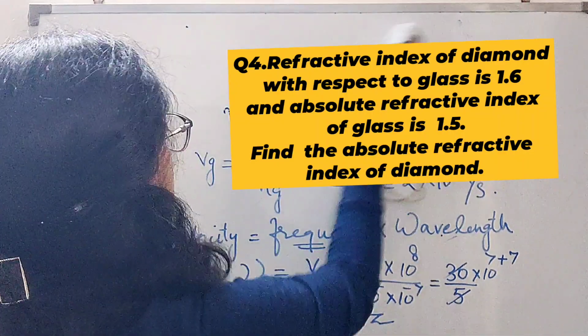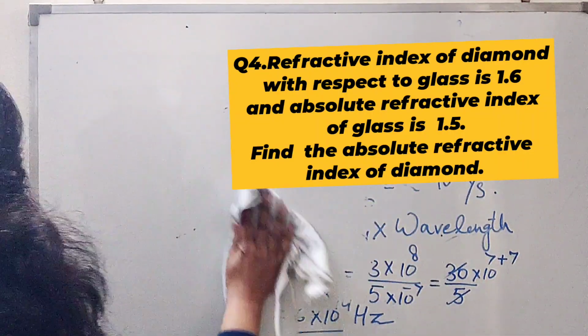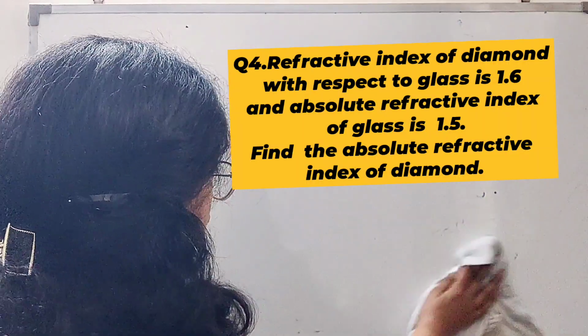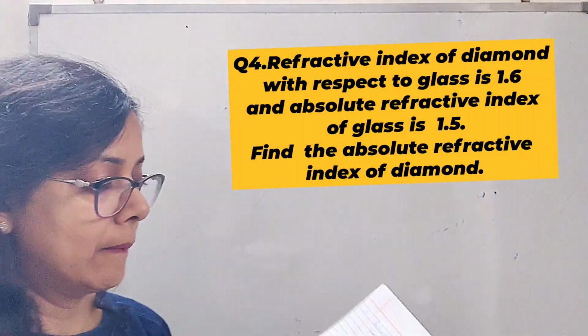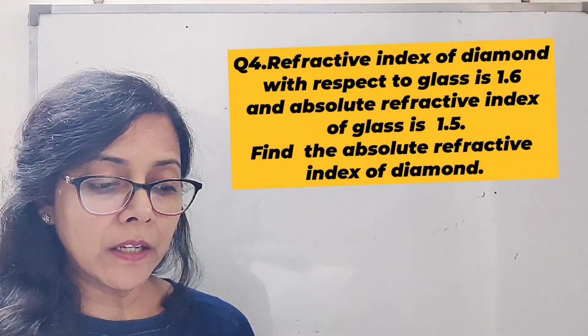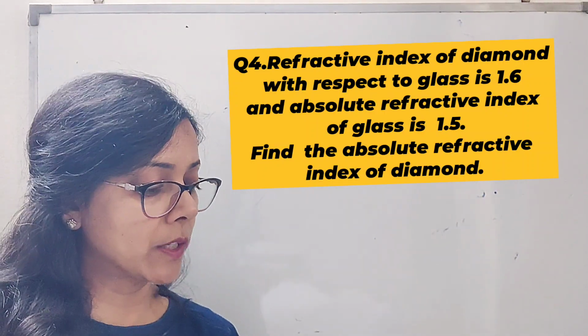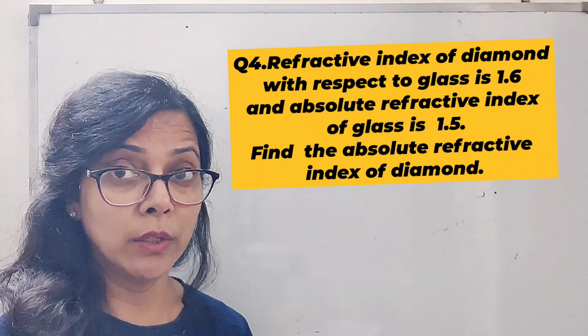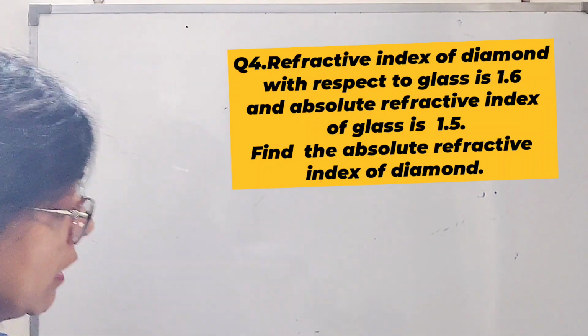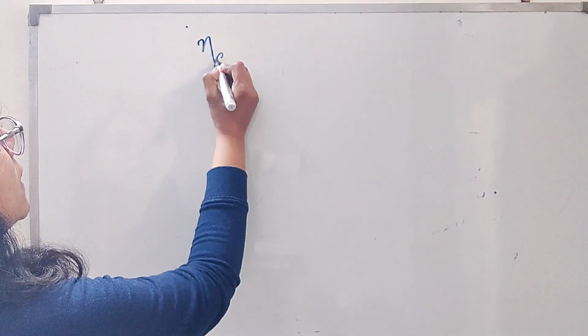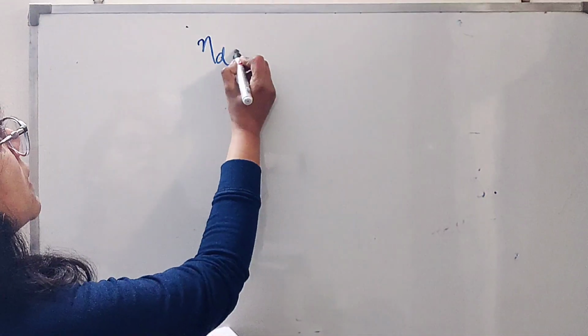So the next question is here: refractive index of diamond with respect to glass. Again I am writing the values which are given to us. Refractive index of diamond with respect to glass is 1.6.